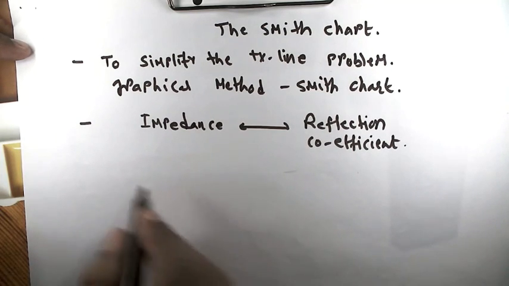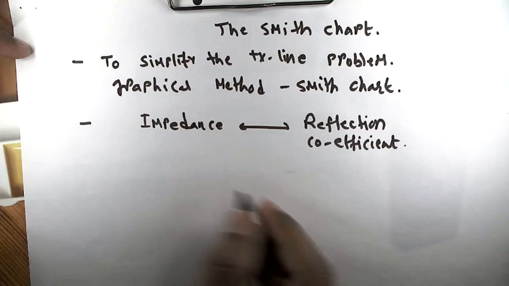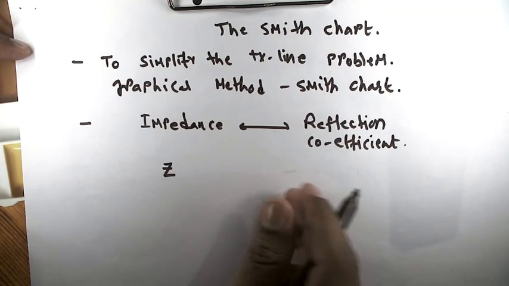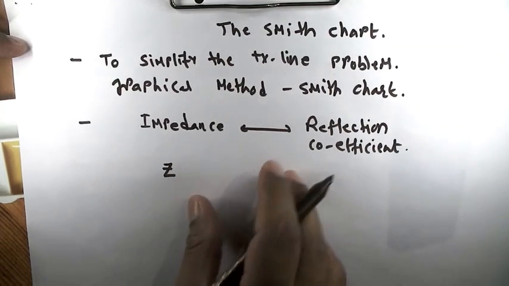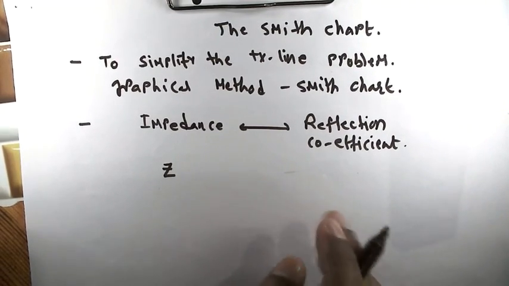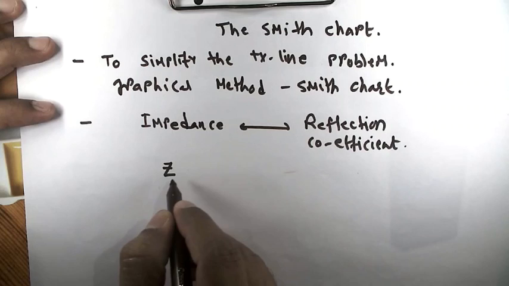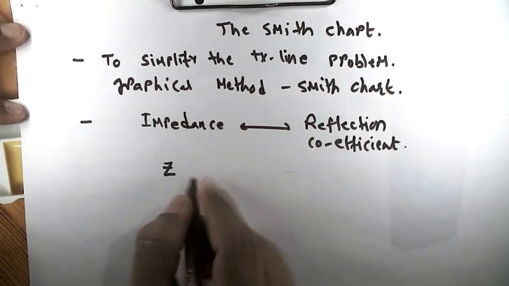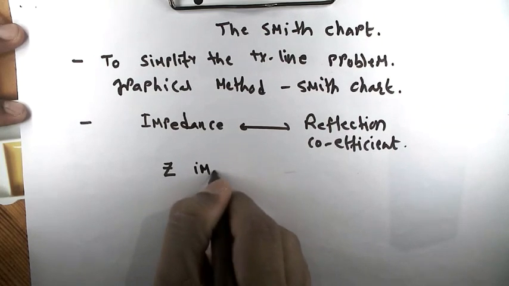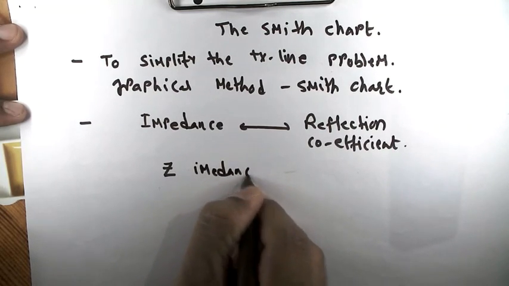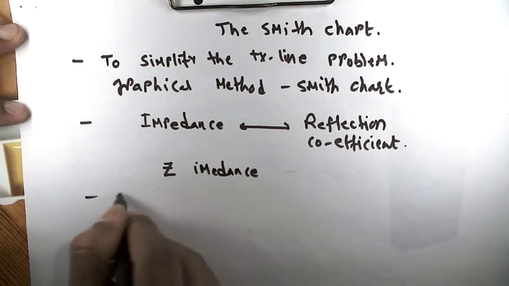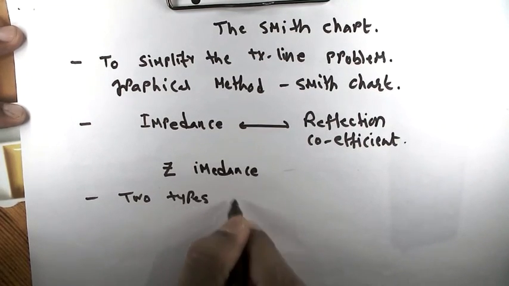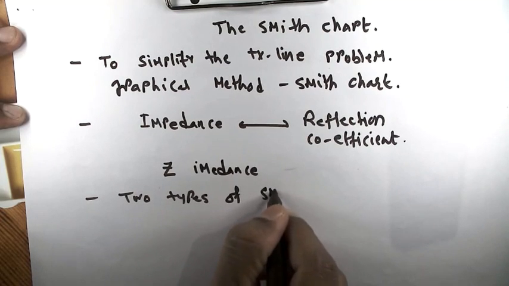As we know, the impedance can have both a real and an imaginary part. So based on which type of impedance you are using, you have two types of Smith chart.